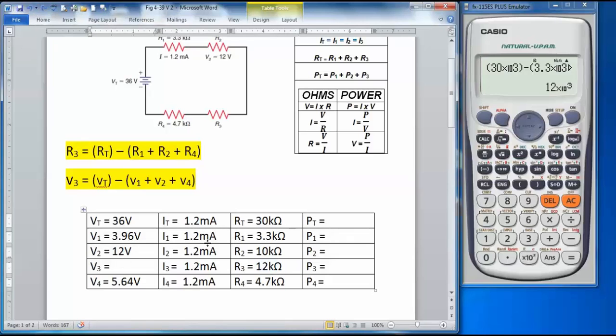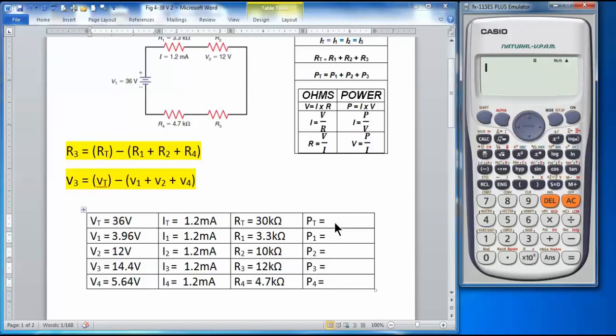So let's just do I3 times R3. Punch those numbers in, and that gives me a voltage on V3 of 14.4 volts. As always, we can add up V1, V2, V3, and V4, and it should give us the same number as VT, 36 volts, that IT times RT should give you. That's a good way to check your work.